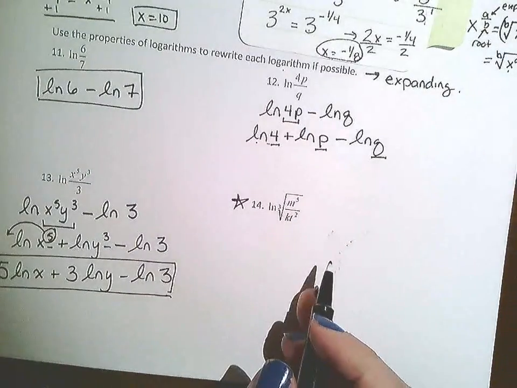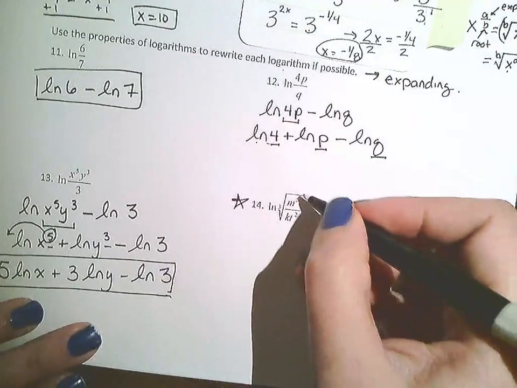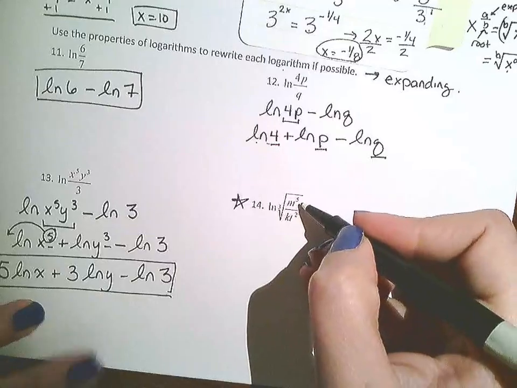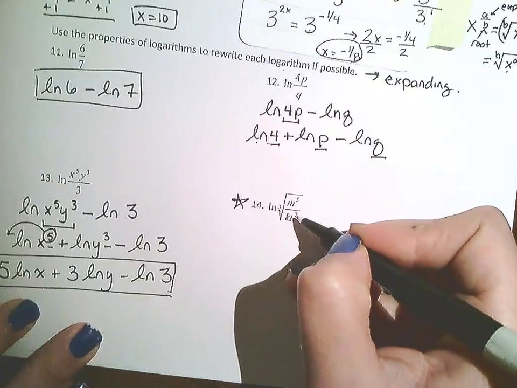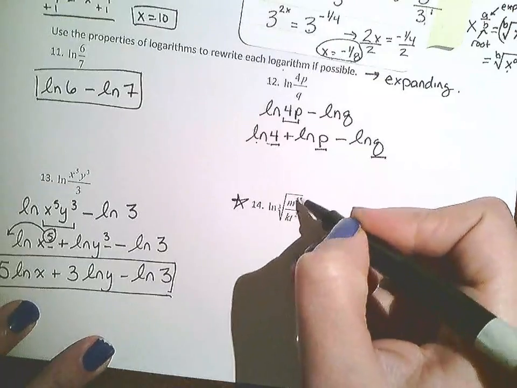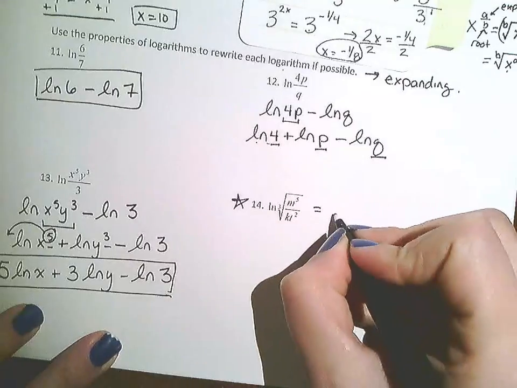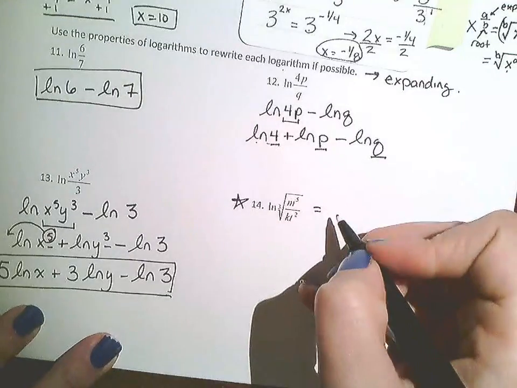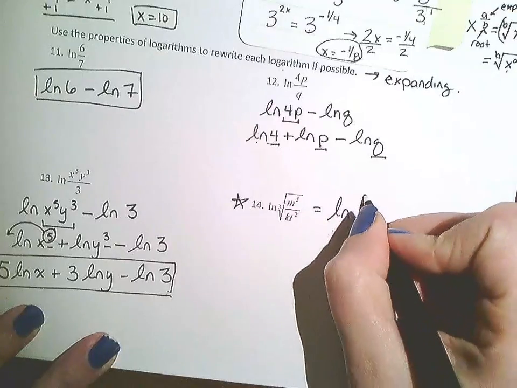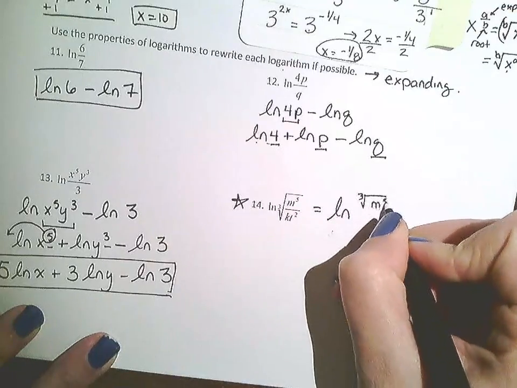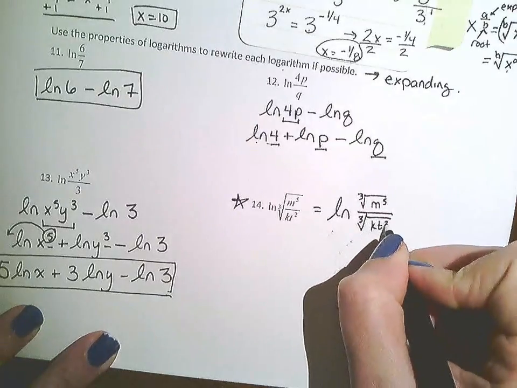All right, so when we're breaking this up, again, you see that you have a lot of things going on. In order for me to get to this division though, first, I need to break up this cube root. So the first thing I'm going to do is break up that cube root by saying ln cube root of m to the 5th divided by cube root of kt squared.